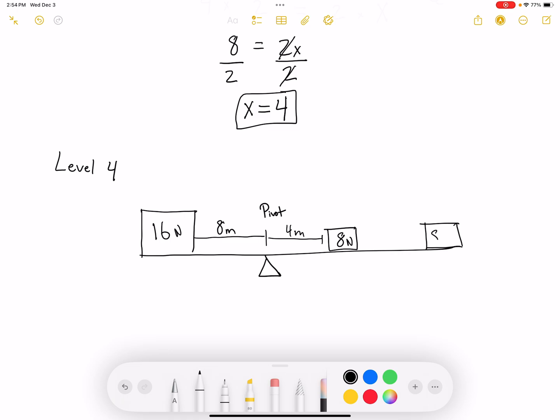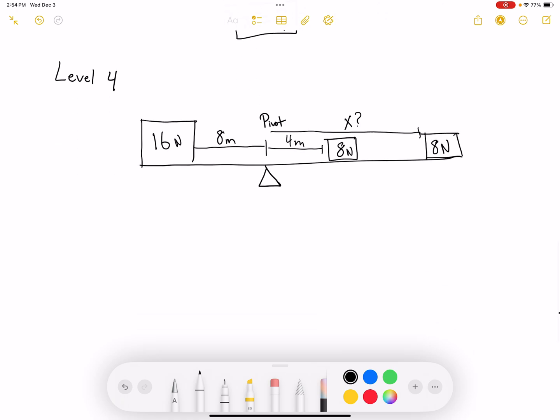Now, I have another 8 newtons right here. What does the distance from the pivot point all the way out to this 8 Newton block have to be in order for it to be balanced? That is going to be our variable. That is x. So I don't have 2 objects now. I have 3. So let's go ahead and see if we can solve this one.